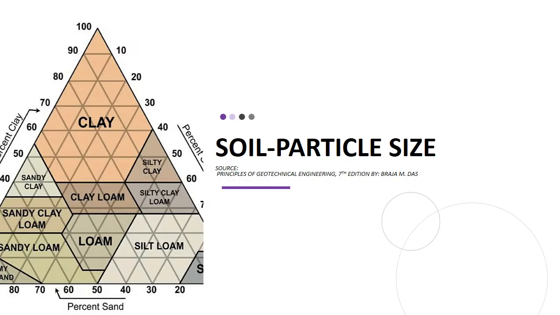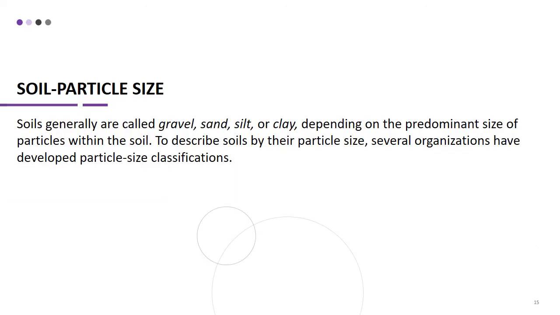So now let us proceed to soil particle size. Soils generally are called gravel, sand, silt, or clay, depending on the predominant size of the particles within the soil. So, to describe soils by their particle size, several organizations have developed particle size classification.